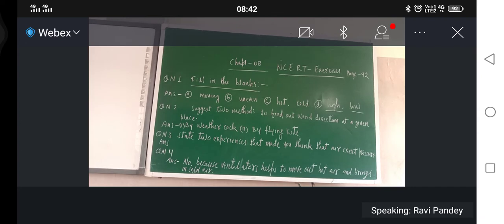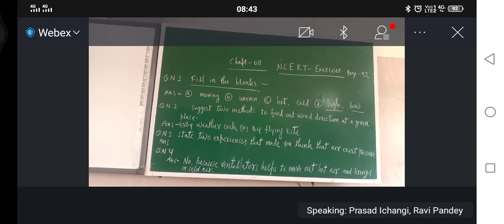If holes are there, the air will pass through those holes and it will not exert the pressure. This is the reason that in hanging banners and hoardings, small holes are made.